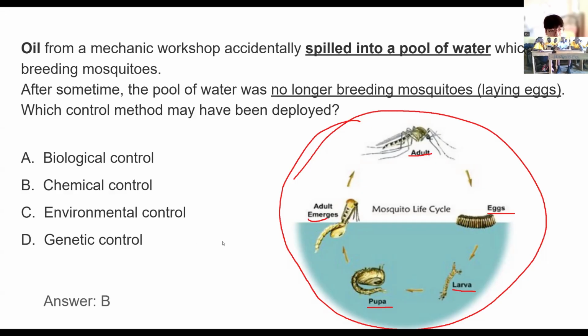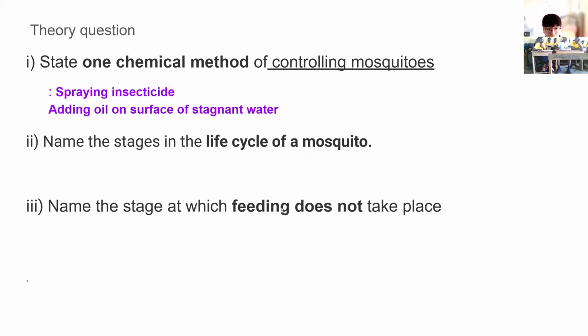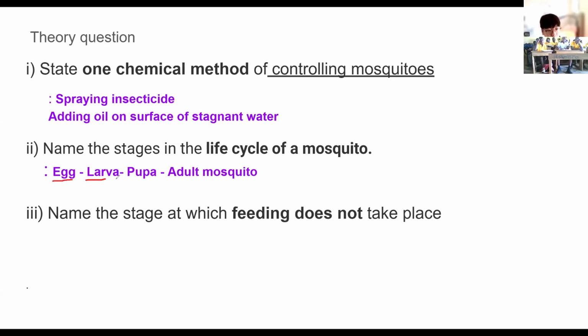So we can answer this question, next question. So yeah, the stages are egg, then larva, then pupa, and then adult.